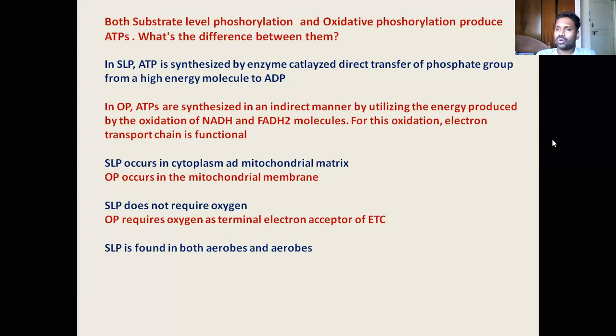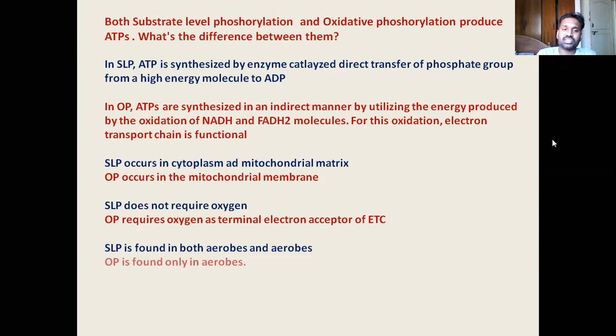That means it occurs in all organisms, aerobes as well as anaerobes. So anaerobes are those which survive even without oxygen, like your yeasts. Therefore, if there is no oxygen, no oxidative phosphorylation through ETC. Therefore, the cells have to do only SLP to meet their ATP needs.